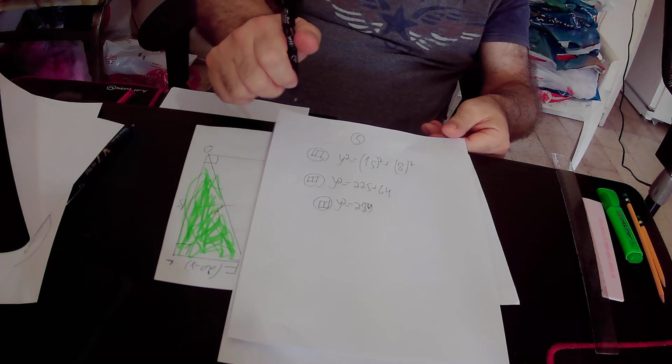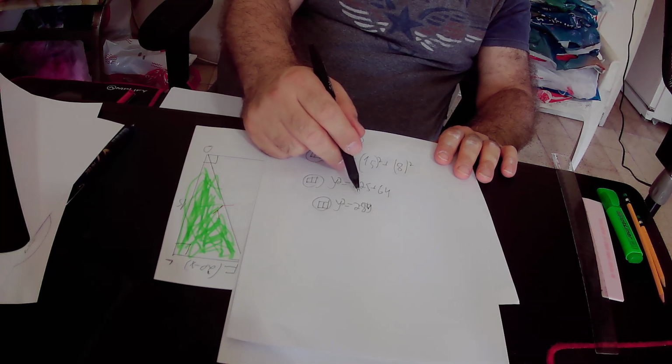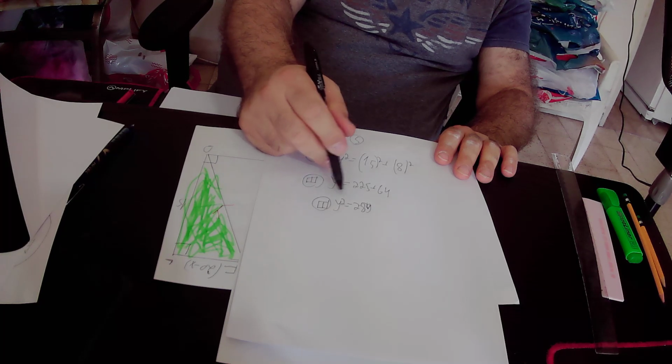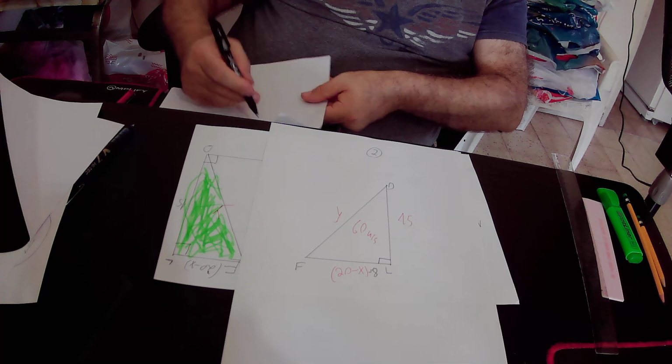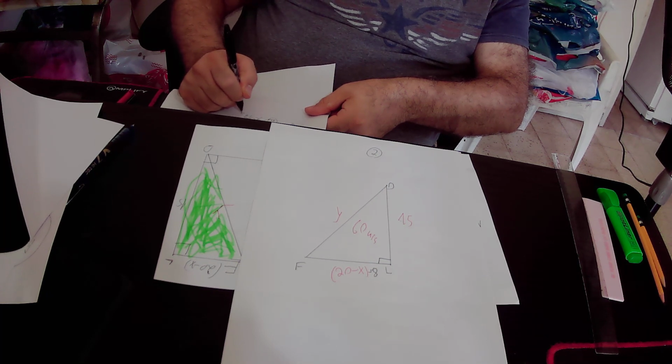So we got in the first equation that y squared equals 289. Now we will take a root out of equation number 3. We get that y equals 17 units.